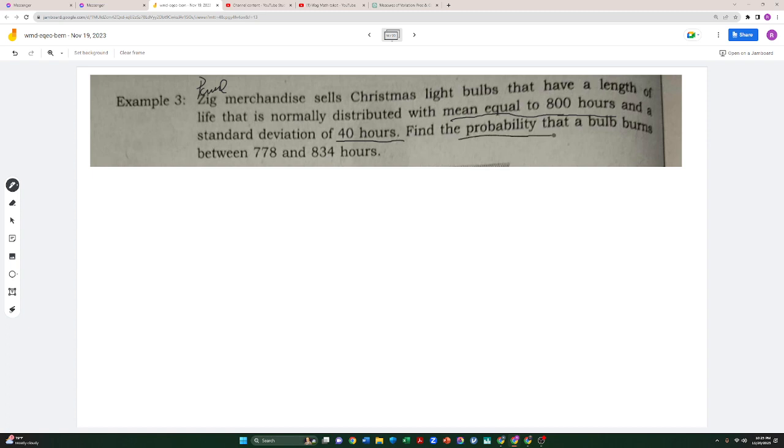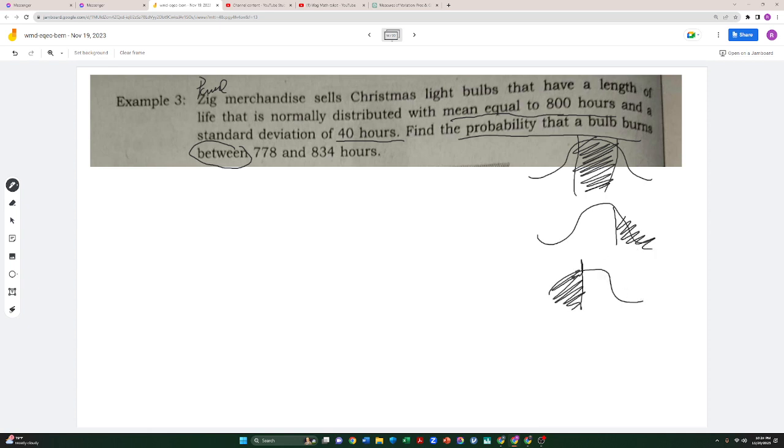Find the probability that a bulb burns between... again, between, the curve is like this. If it is between, the curve is like this; if it is greater than, the graph is like that; if less than, the graph is like that. That is how to interpret it.